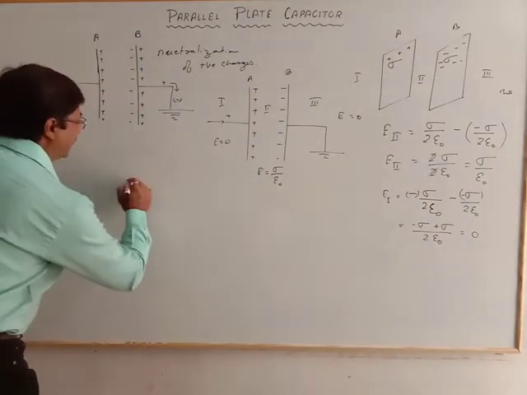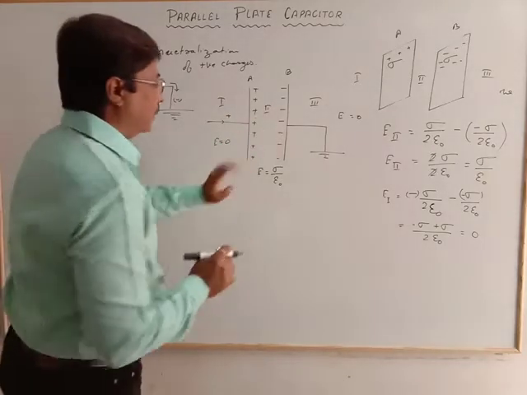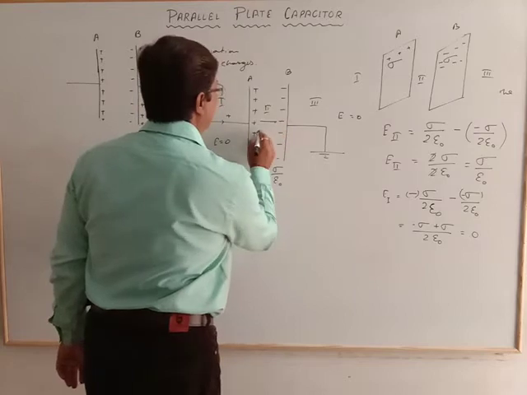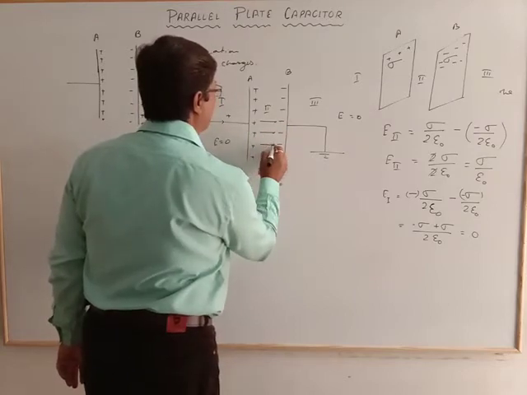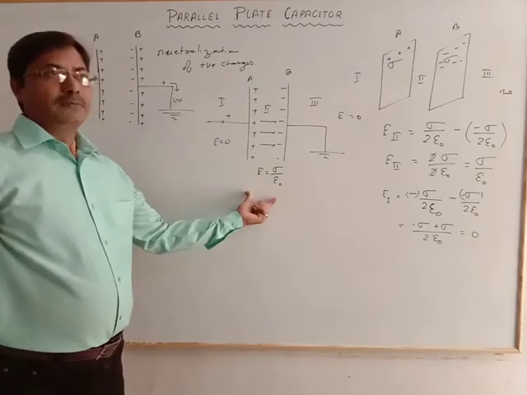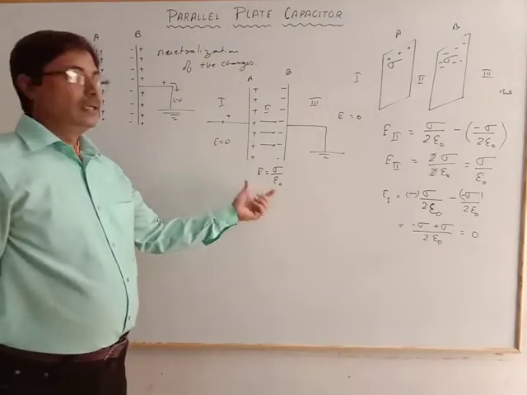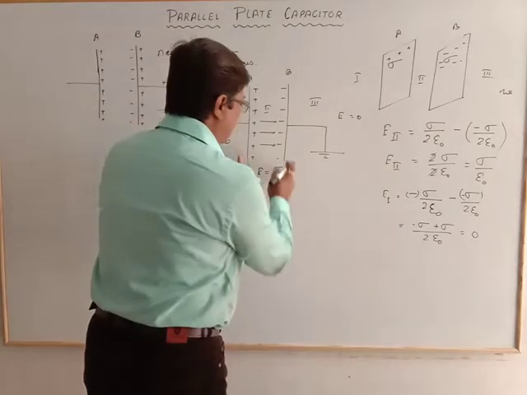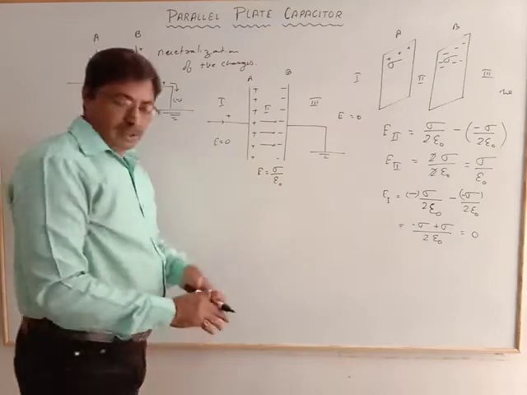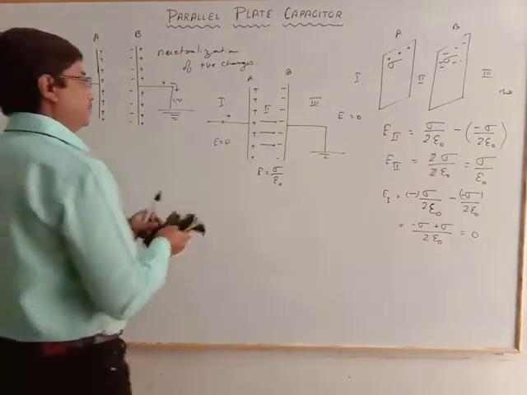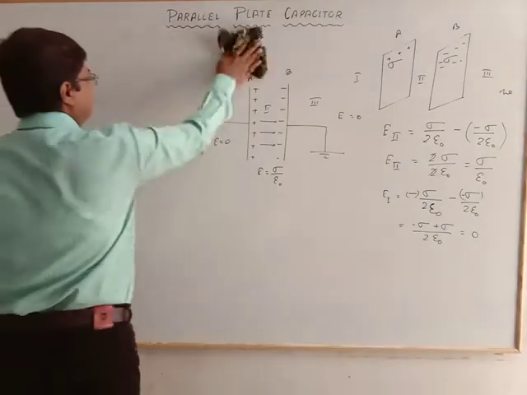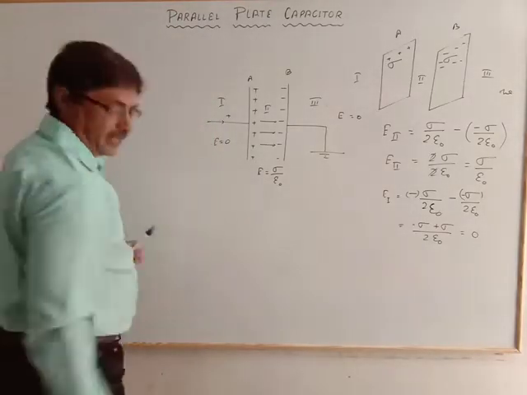Now if we consider the electric field between these two plates, all the field lines are also parallel in this region of the plate, and the electric field value is sigma by epsilon. Now we will see the electric field in this way.